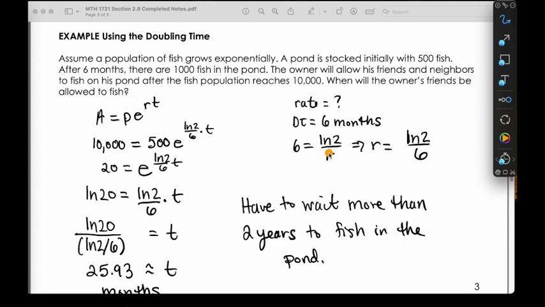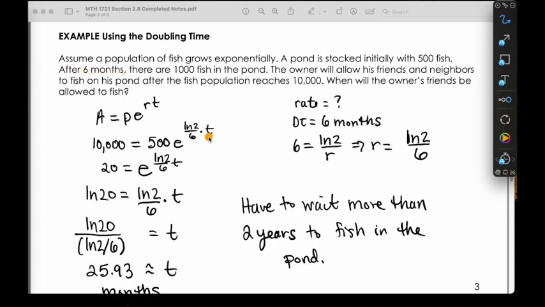Now, in this question, it doesn't specifically say what the doubling time is, but it does tell us that it starts with 500 and it takes 6 months to get to 1000. That is the doubling time. It goes from 500 to 1000. That's doubled. So 6 months is our doubling time.